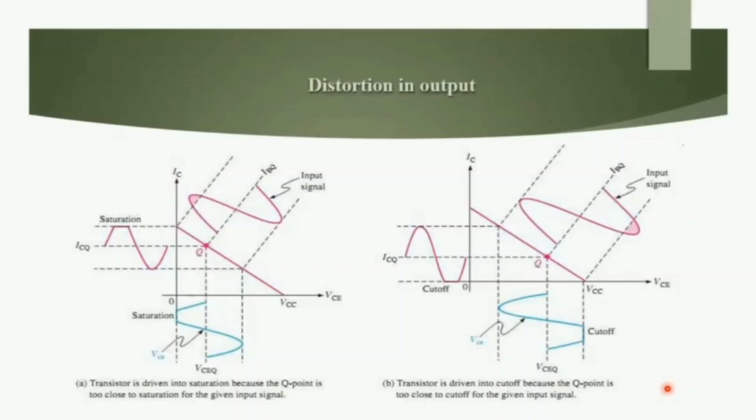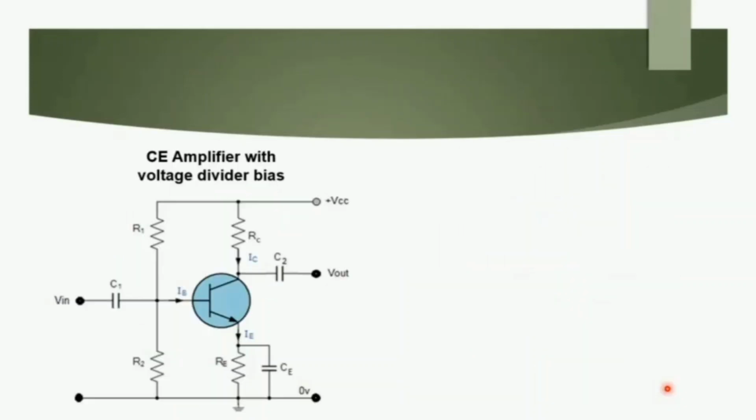Now, to reduce the effect of change in Q point position with the change in temperature, we can use a type of biasing circuit called voltage divider biasing. As you can see in this circuit, there are some other circuit elements connected with BJT to form an amplifier.